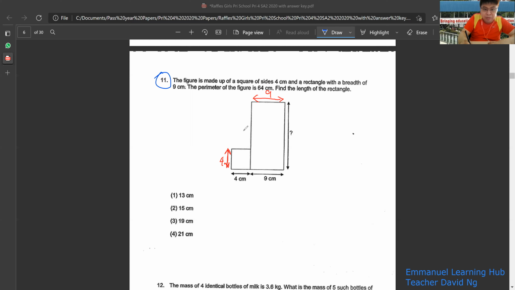Let's call this length, this is 4. This length here, let's call it X. This length, let's call it L. You agree? 9 plus L plus 9 plus 4 plus 4 plus 4 plus X equals 64.